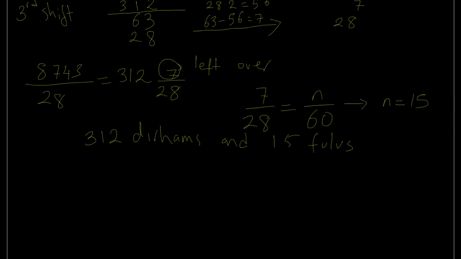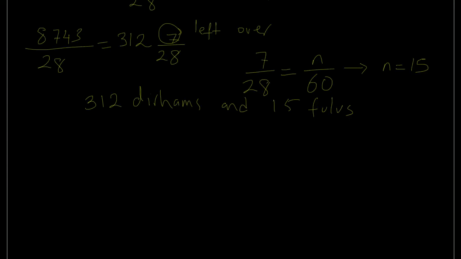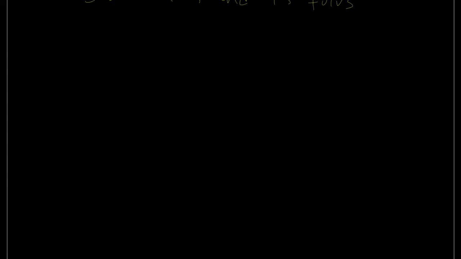Now, if you look at the example in the book, in that example, 5,625 is divided by 243, and the quotient is 23, and the remainder is 36.